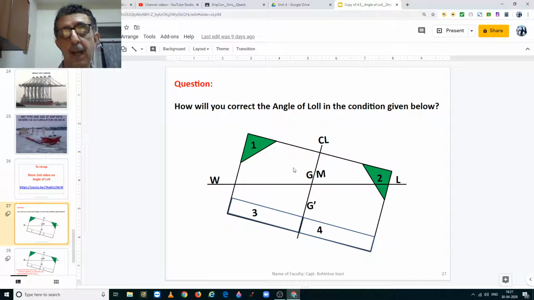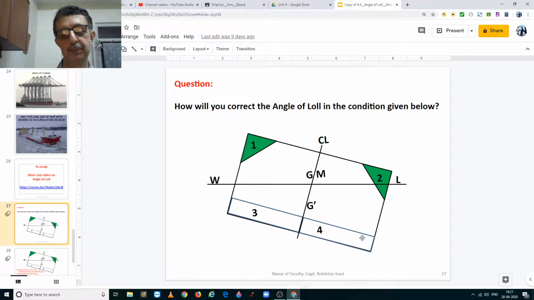Now, I would like you to do for homework a condition where you have this ship with 4 tanks instead of 5, as we did earlier. Tank number 1 and 2 topside tanks are full of ballast, and tanks 3 and 4 double bottom tanks are empty.